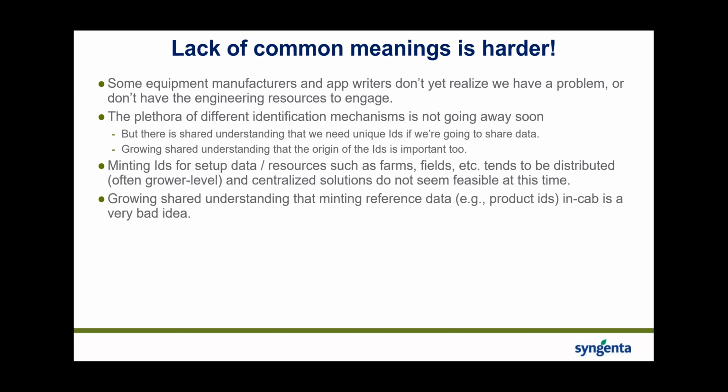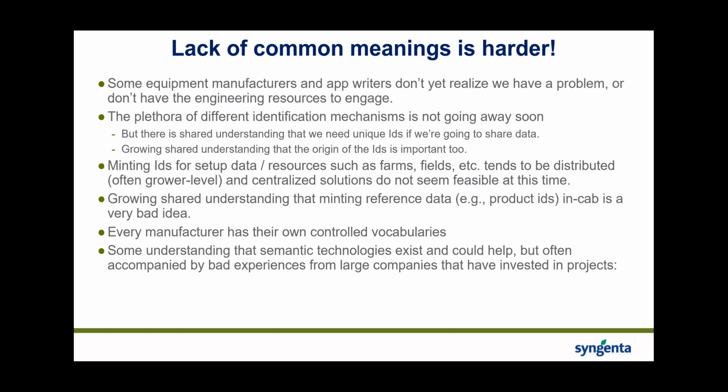But there's a growing understanding that at least minting reference data in CAB is a very bad idea. But every manufacturer has their own controlled vocabularies, and there is some understanding that semantic technologies exist and could help, but this has often been accompanied by bad experiences from the large companies. So there's a perception that ontology building processes are never ending and have little to show for them, and that those systems perform poorly.